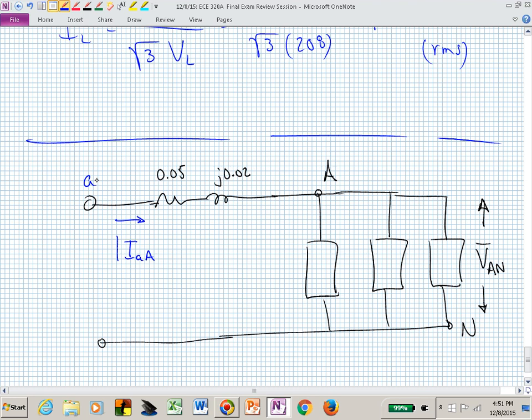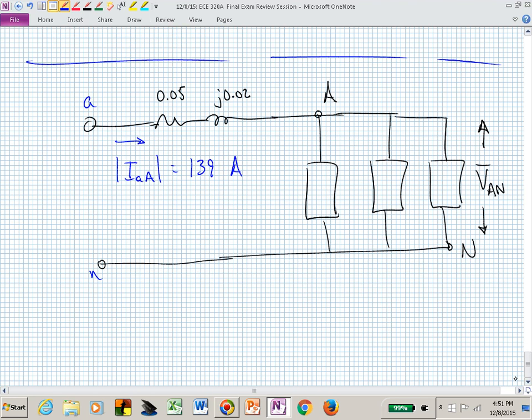This is now A, and this is, let's say, little n. We found this to be 139 amps. How would you find the complex power absorbed by the transmission line?